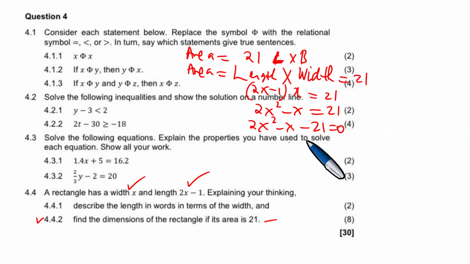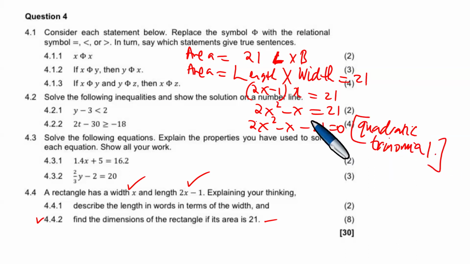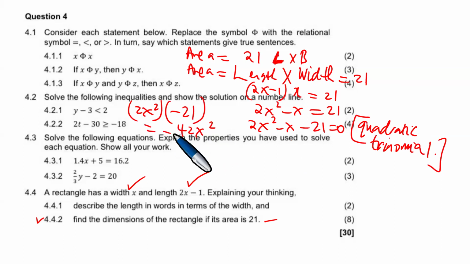To factorize a trinomial, this is called a quadratic trinomial, you multiply 2x squared by minus 21, which is minus 42x squared.